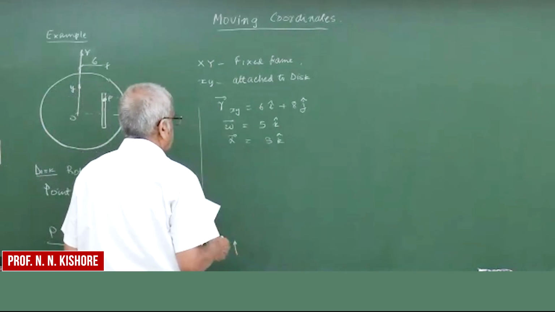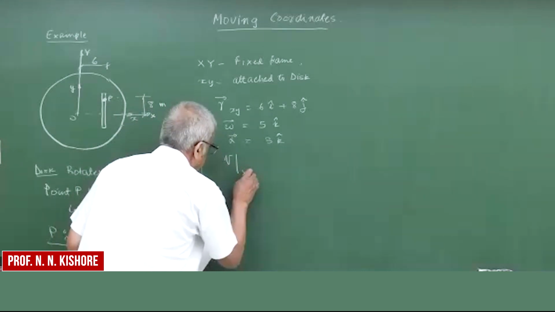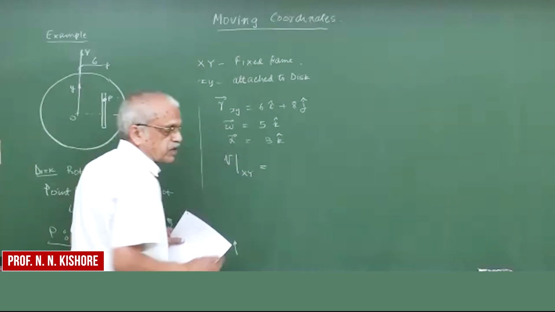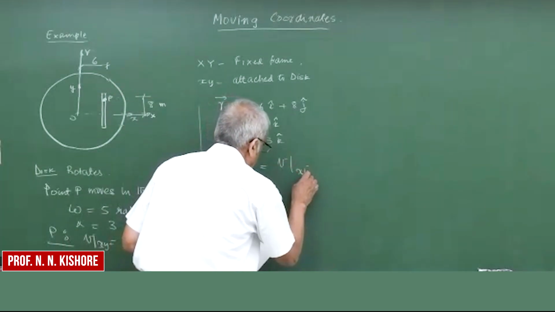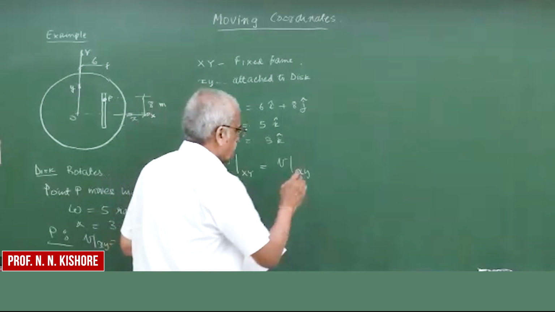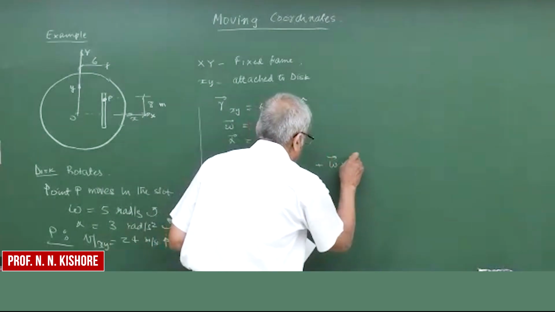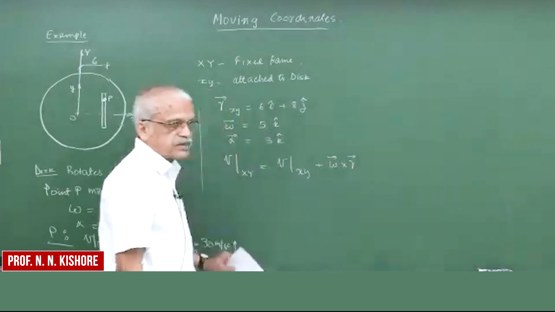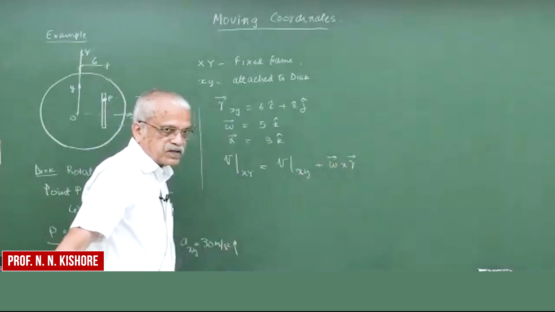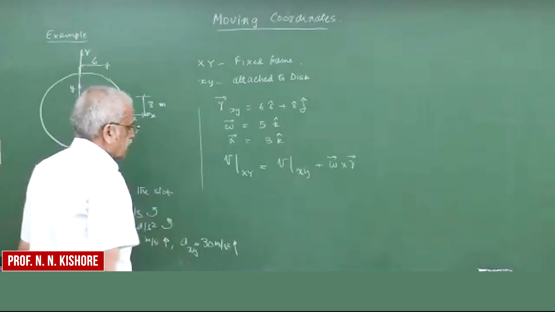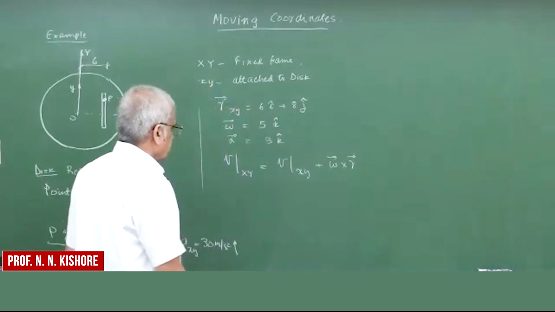So the velocity of P with respect to the big xy frame, the fixed frame, is nothing but the velocity as observed in the small xy frame plus omega cross r. Here r is observed in small xy. You can also write it with big xy, but this is the correction term.